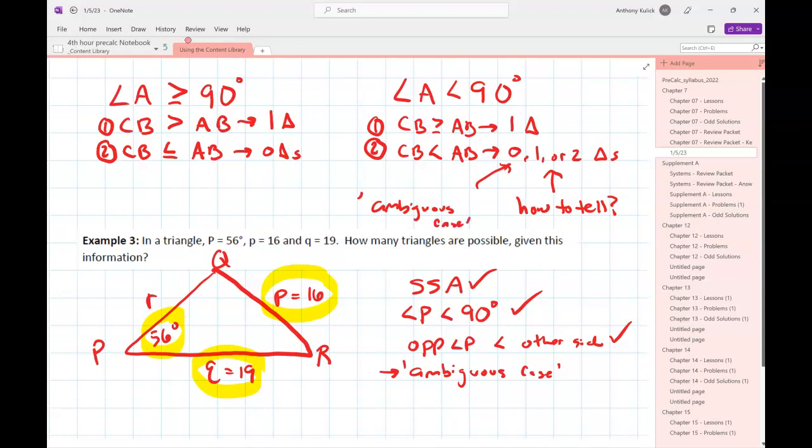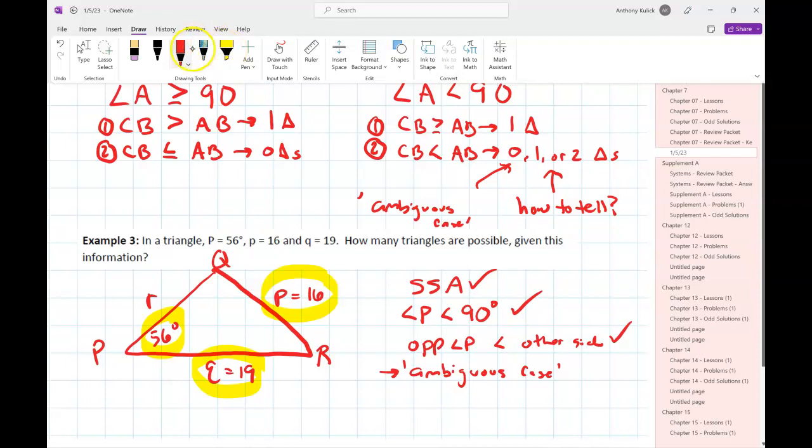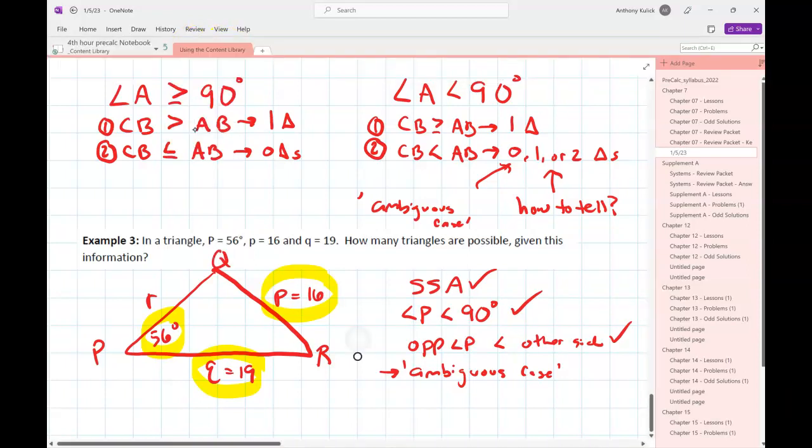So if I look at the sides that I'm given, they're not the arms of my angle. So the given angle, one of them is an arm of the angle, that's fine, but not both of them. Then it's SSA.